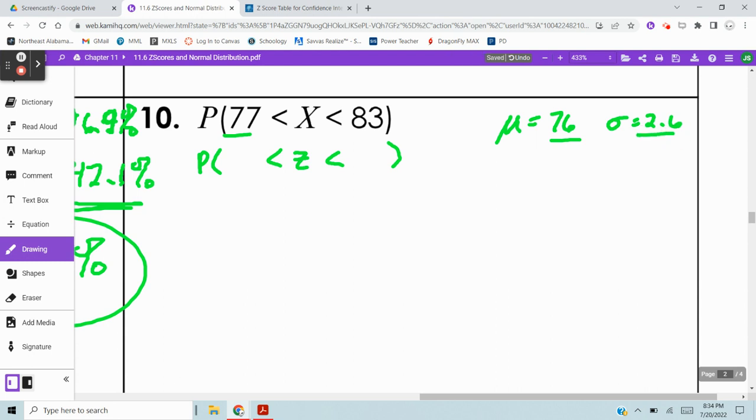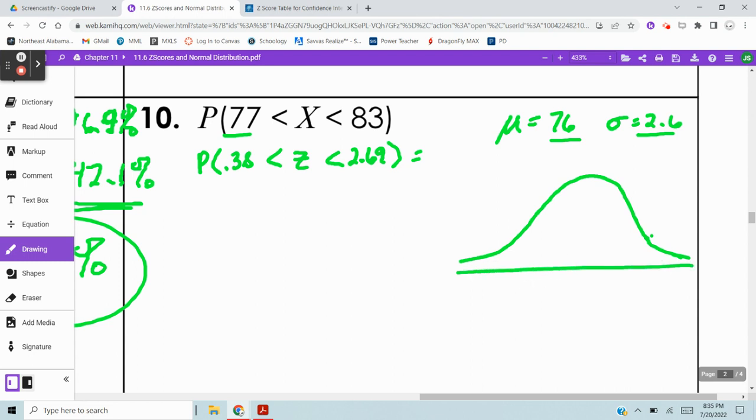And I'm going to do that for both of these values. And I get simply 0.38 and 2.69. So what you're doing here is finding the probability that your z value is between those two. So 0.38, if this is my mean, would be somewhere right in here, and 2.69 would be somewhere over here. So that's what we're going to do, is find that area right there.